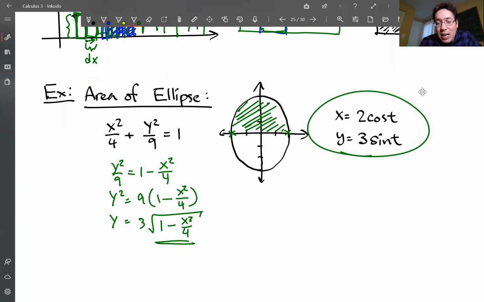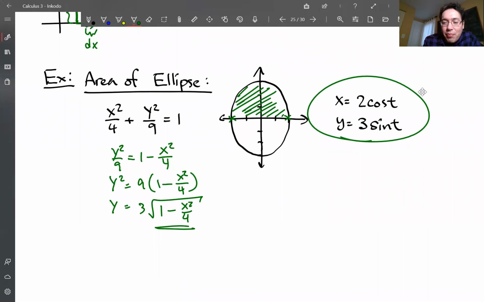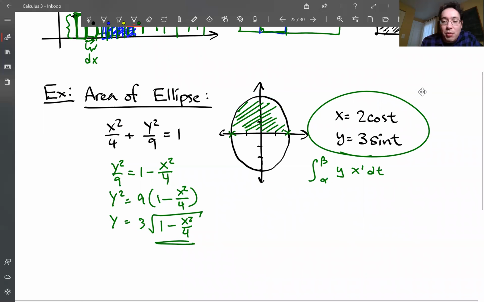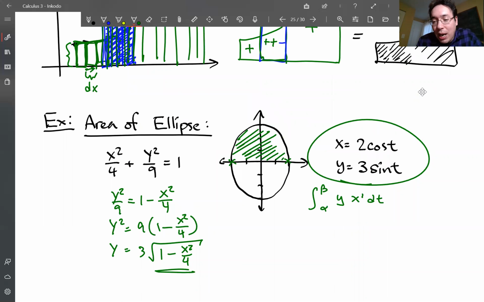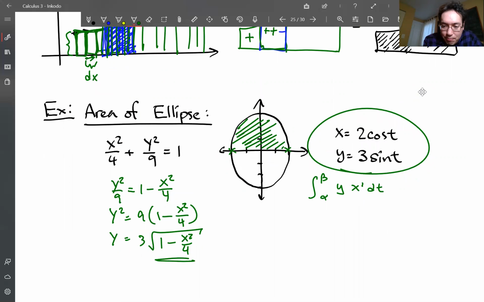So how do I set up the integral? It's y times the derivative of x, and we're going from a particular value to another particular value. It'll wrap around the whole thing in 2 pi, so that's going to be my alpha and beta. The y value is 3 sine t.